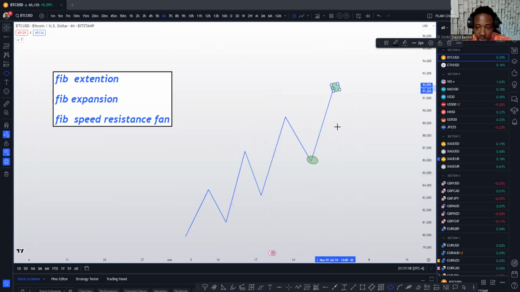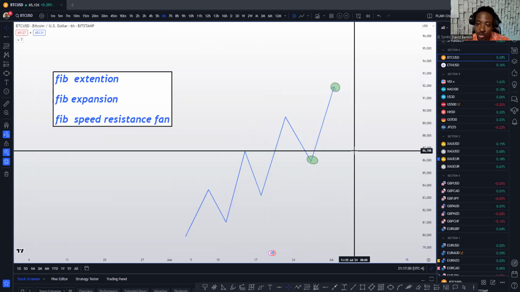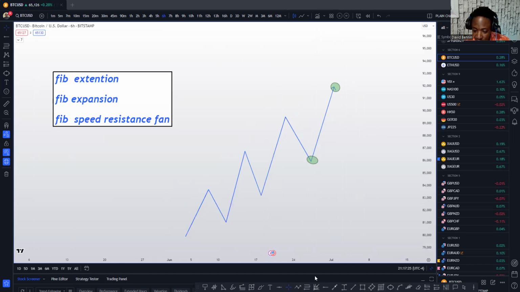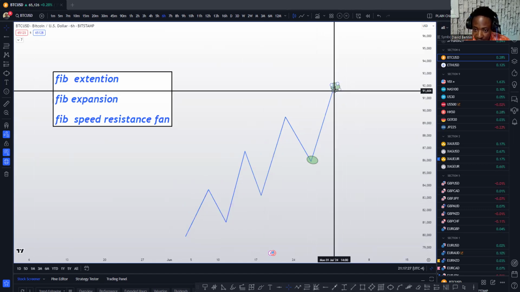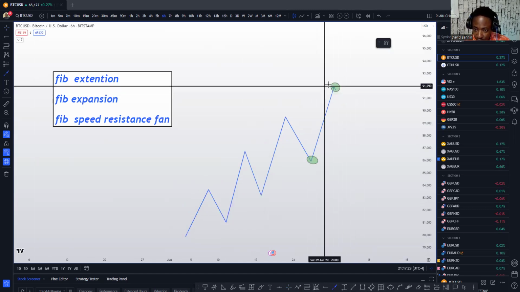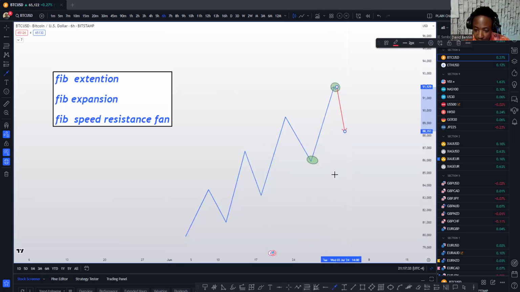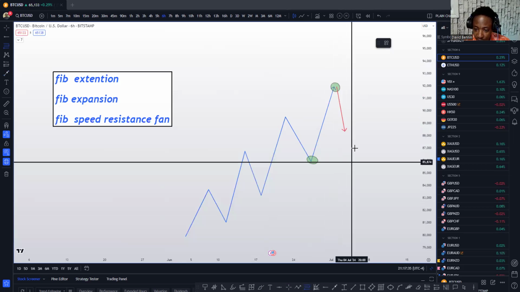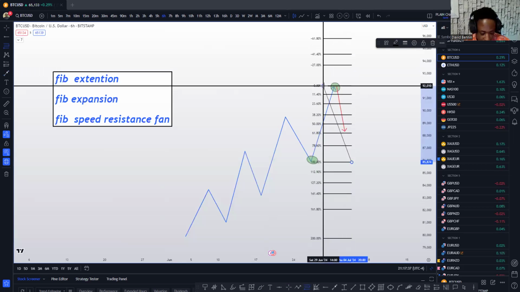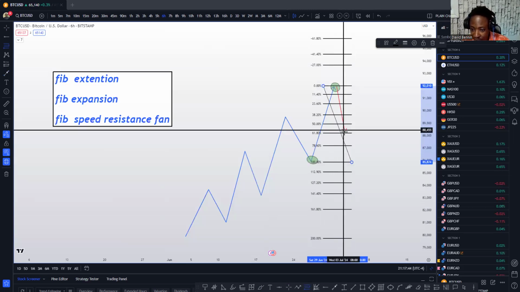What most people do is they use the Fibs the opposite way, but I use it a different way. Most people would want to see the percentage retracement from here. They go from 1 to 0, and then they measure the percentage retracement.